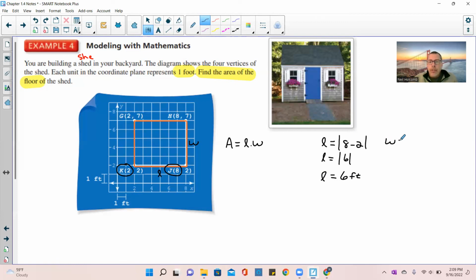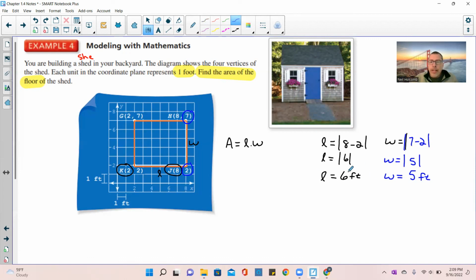The width is going to equal the absolute value of, okay, so now I'm going to focus on the Y's, 7 and 2. So the width is going to be 7 minus 2. And therefore the width is going to equal the absolute value of 5. And the width, therefore, is 5 feet.